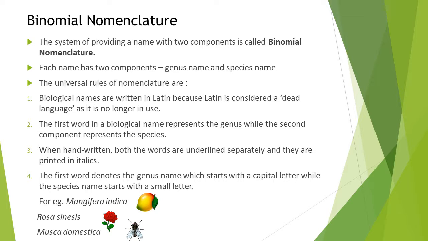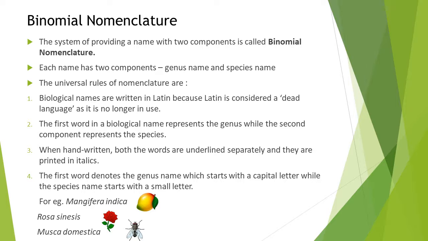Whenever you write a scientific name, it should be underlined separately. And whenever a scientific name is printed, it should be italicized. Rule number 4. The first word of a scientific name is the genus name, which always begins with a capital letter. And the second word is the species name, which always begins with a small letter.